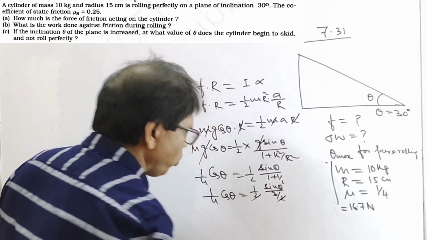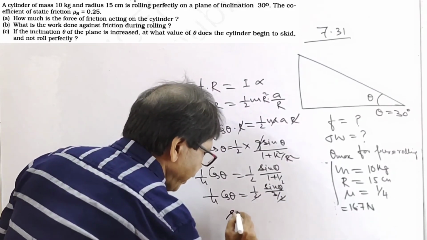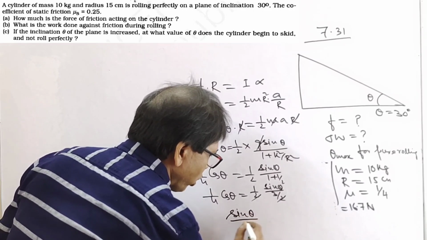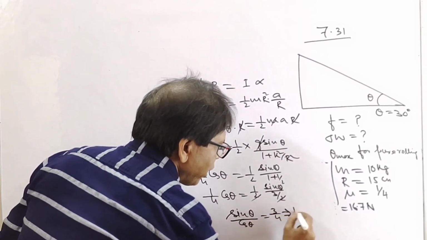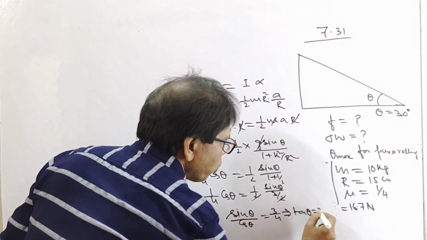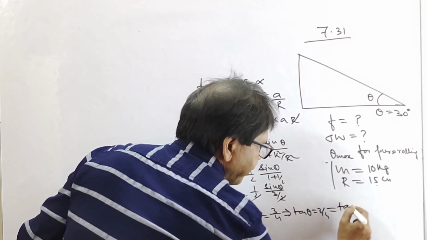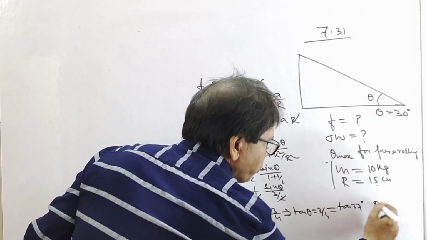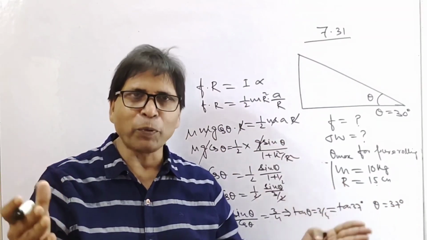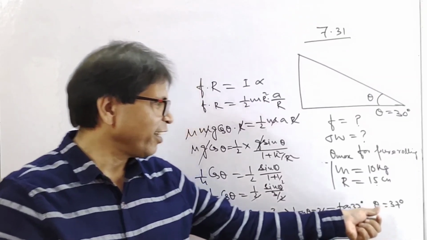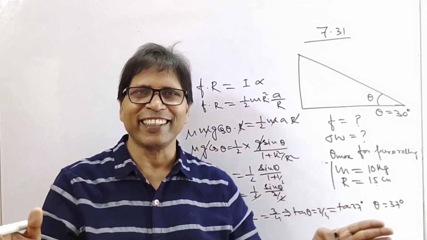Now this cancel out. So look at this, here sin theta divided by cos theta is 3 by 4. So tan theta is 3 by 4, this is tan 37 degree. Therefore theta equal to 37 degree. The angle up to which pure rolling exists is 37 degree.